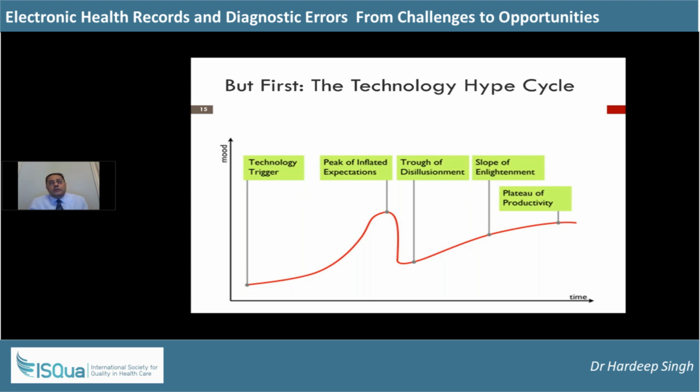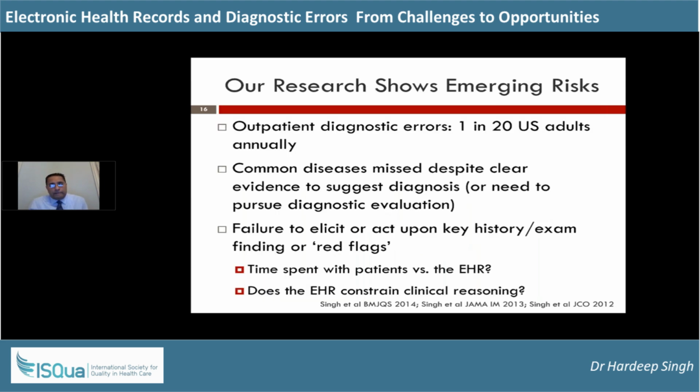So our research shows that in the outpatient setting, diagnostic errors occur in about 1 in 20 U.S. adults annually. Now, what that means is we did a study, and what we found was 1 in 20 U.S. adults would get misdiagnosed in the outpatient setting annually.